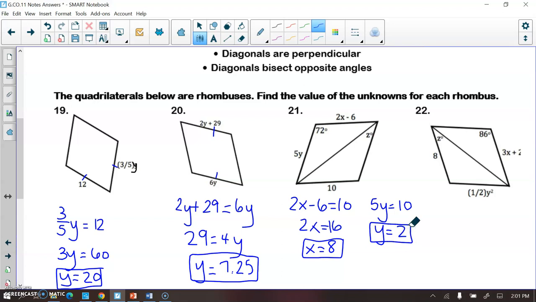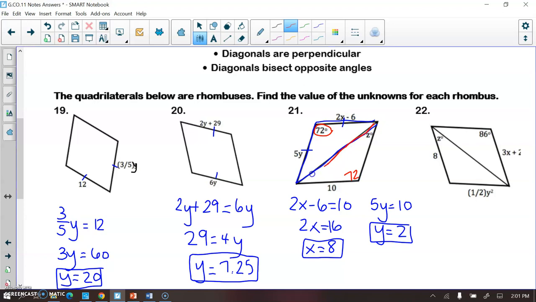And for this one, there's a couple of different ways that you can do this. Since we have two sides being equal here, this is an isosceles triangle. Opposite angles are congruent, so this is also 72.